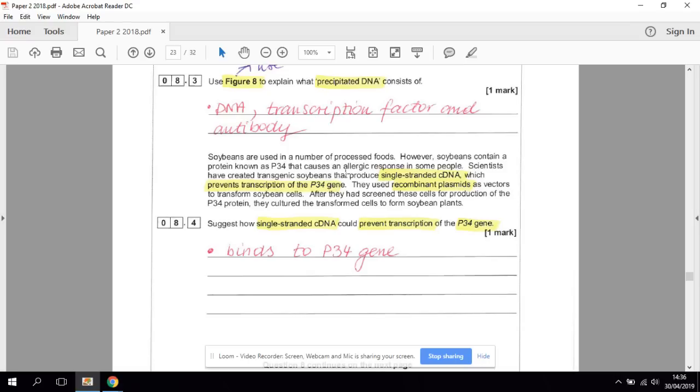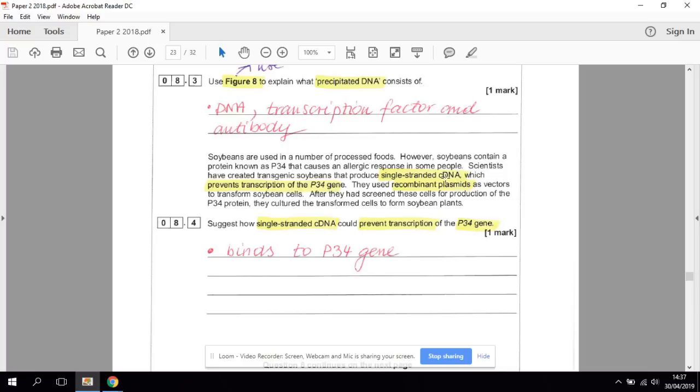So we've got the soybeans now, and we've got information here that they contain a protein known as P34 that causes a genetic allergic response, and scientists have created transgenic soybeans that produce single-stranded cDNA. So now you're thinking, how can you make the cDNA? And that cDNA will prevent transcription of that gene.